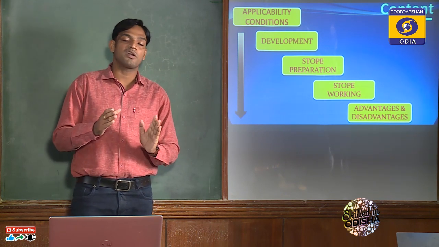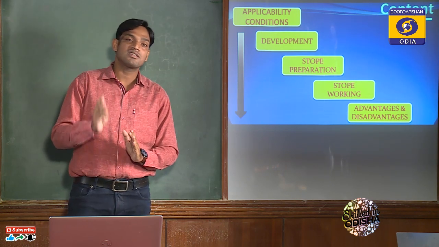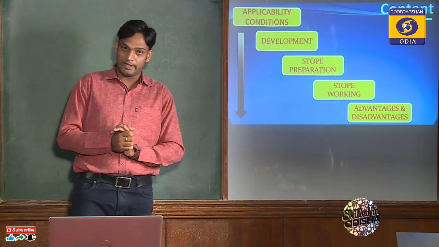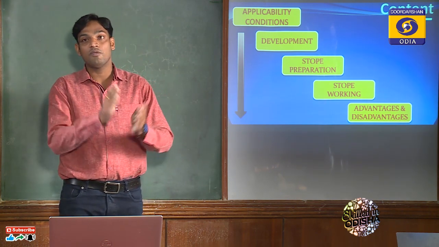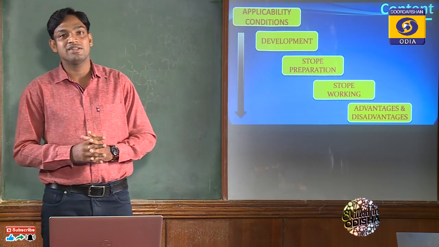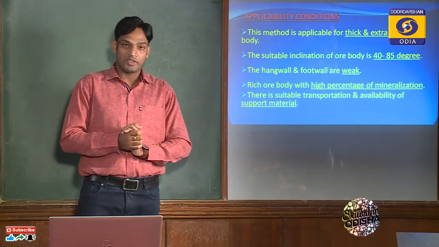We follow the cyclic operation. We drill, we blast, we load. This comes under the stope working. And by using this stope preparation and stope working, we decide what the advantages and disadvantages are compared to other methods.